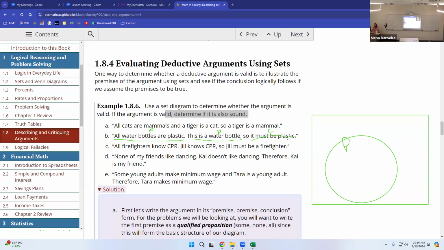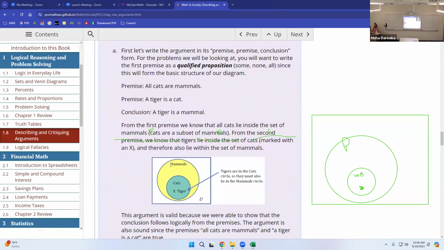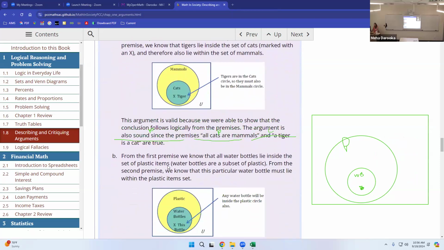Then I think it would be, because that's what I'm thinking, if they're saying all water bottles. Now, this is a water bottle. Okay, so if this is a water bottle, it has to be plastic, because that's where we're putting that circle. Yep, look at that. All water bottles are plastic.